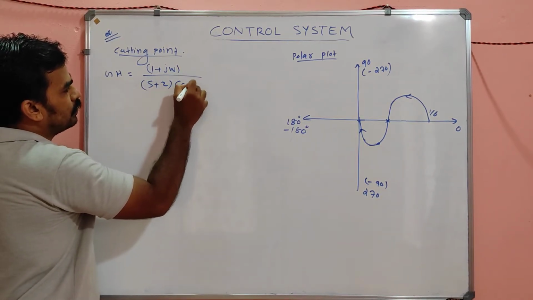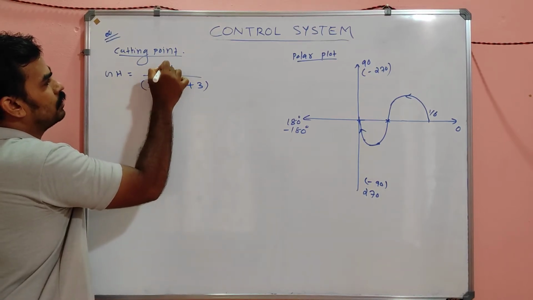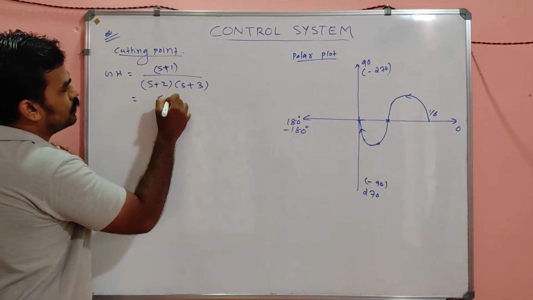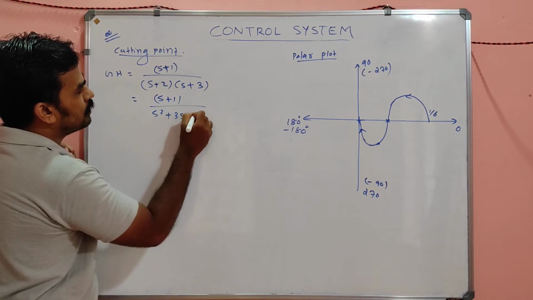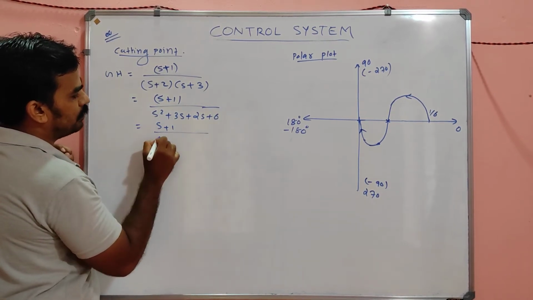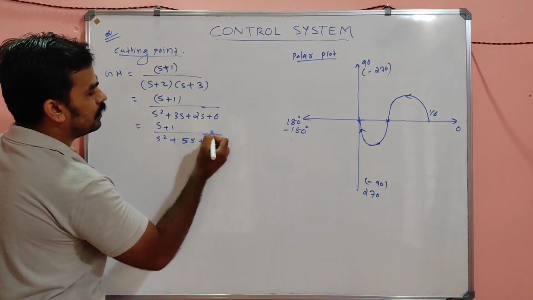Am I right? And the numerator is the same, s plus 1. Okay, I am going to expand it. S plus 1 whole divided by s square plus 3s plus 2s plus 6, correct na? So it is nothing but s plus 1 divided by s square plus 5s plus 6, correct na?